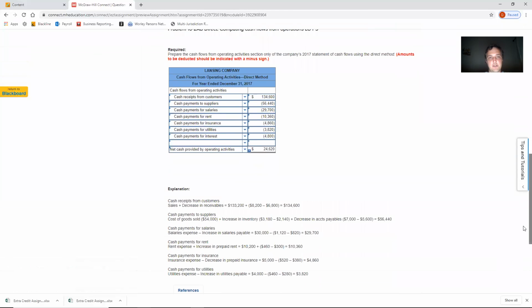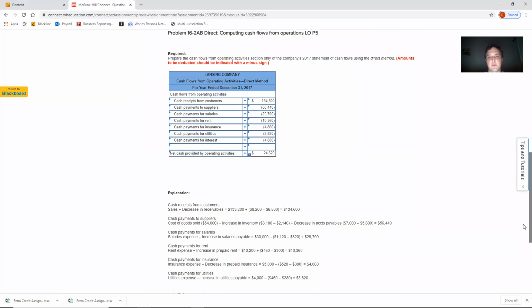So here they want you to use the direct method. So it's going through those same calculations. For the customers, it's going to be our sales plus or minus any change in receivables. Payment to suppliers is going to be your cost of goods sold plus or minus your change in inventory plus or minus your change in current payables. Salaries is going to be a salaries expense, change in salaries payable.